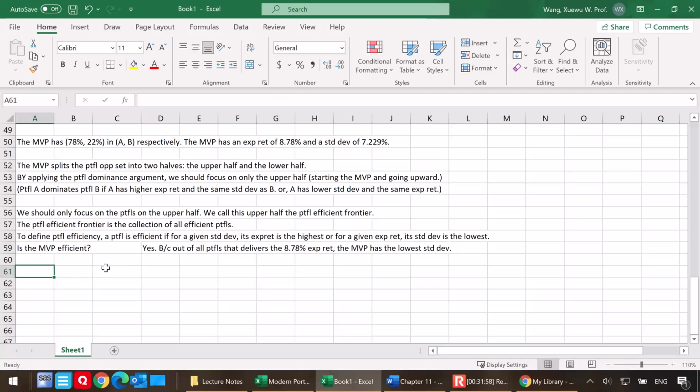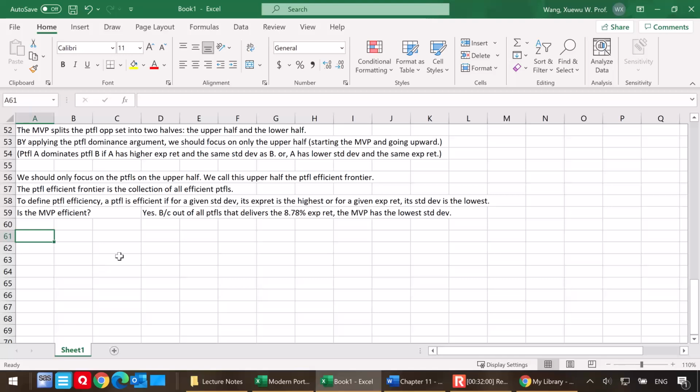All right, so can I actually find another efficient portfolio? Okay, so can we find some other efficient portfolios? The answer is of course. All right, so I'm going to actually do one example.